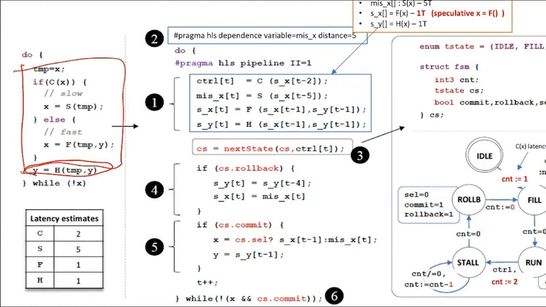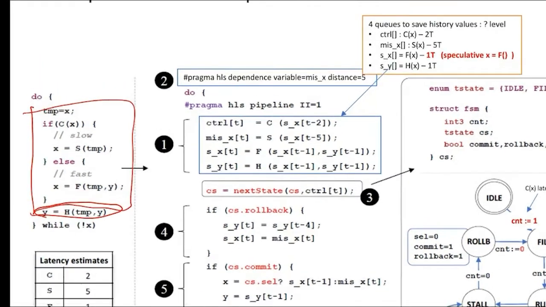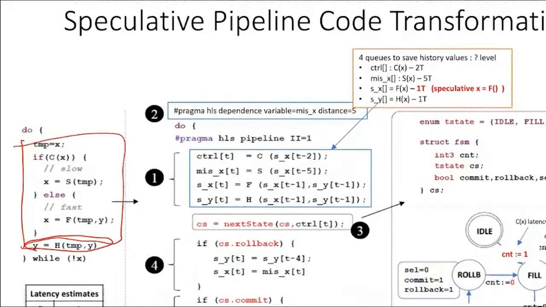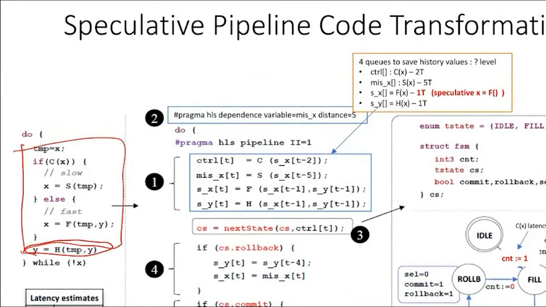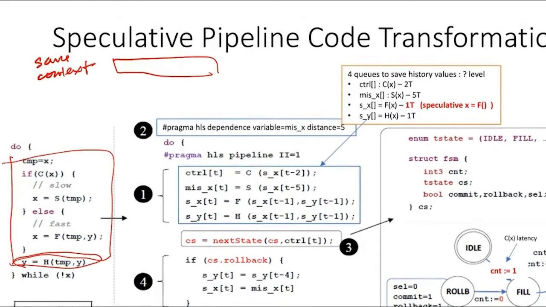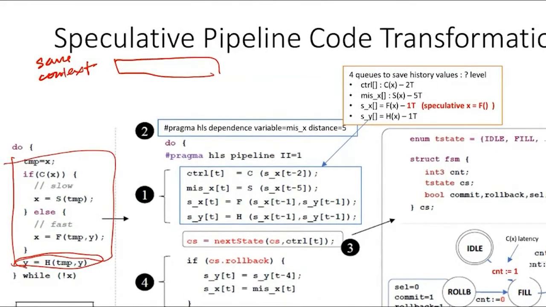As I said, in order to recover, you have to save the context. Although the pipeline keeps going on, normally you don't save the context for the previous iterations.